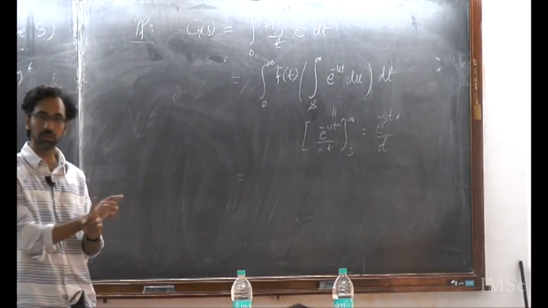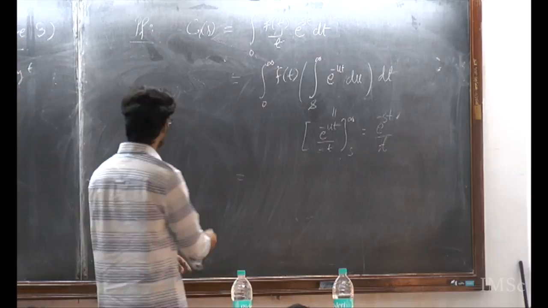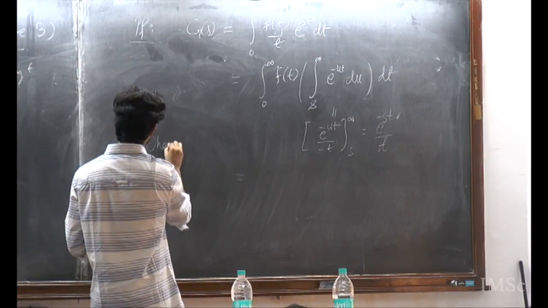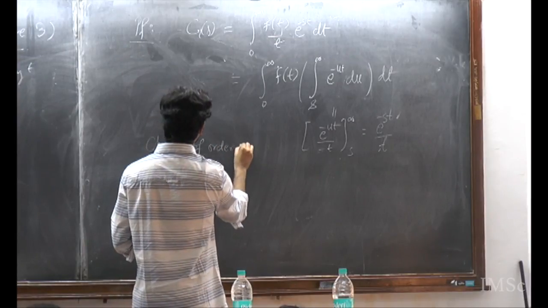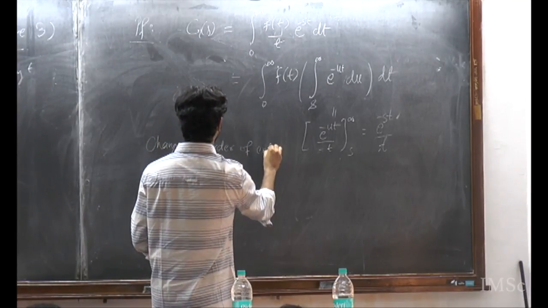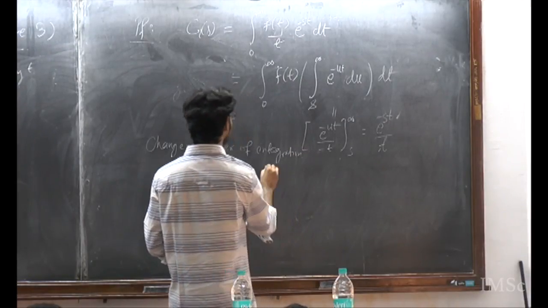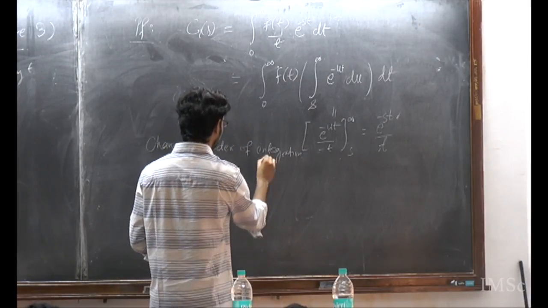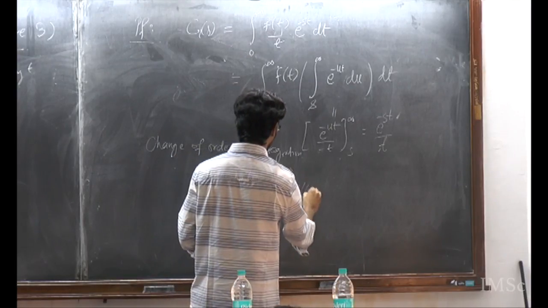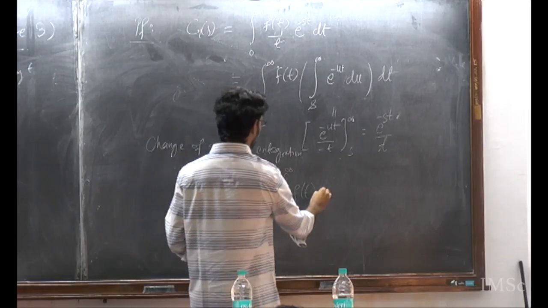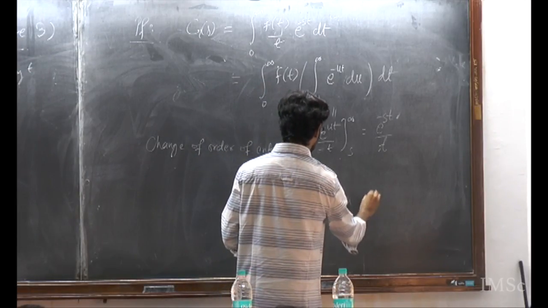we would like to swap the order of integration, right? So change of order of integration. This gives you the integral from s to infinity of the integral from 0 to infinity of f(t) e to the minus ut dt du.